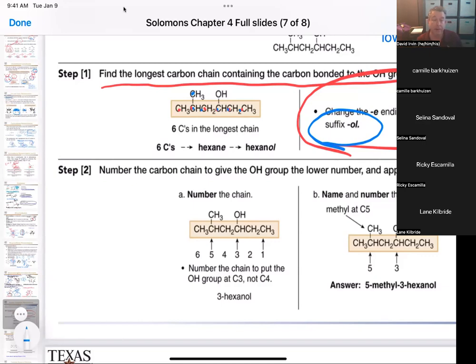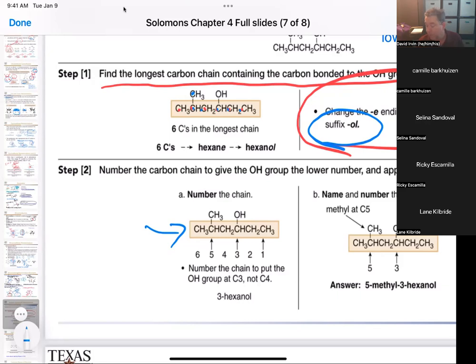Now, when we're numbering, we want to give the thing that changed the name the lower number. Now we could label from this side right here, and the methyl group would be on the 2 position, but we actually don't want to do that because OH changed the name. And if OH changed the name, then we have to have OH be the lowest number.